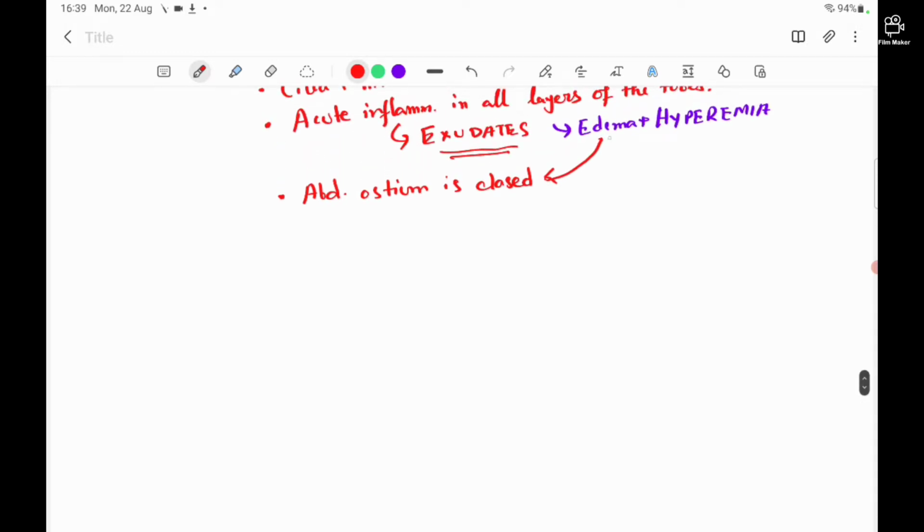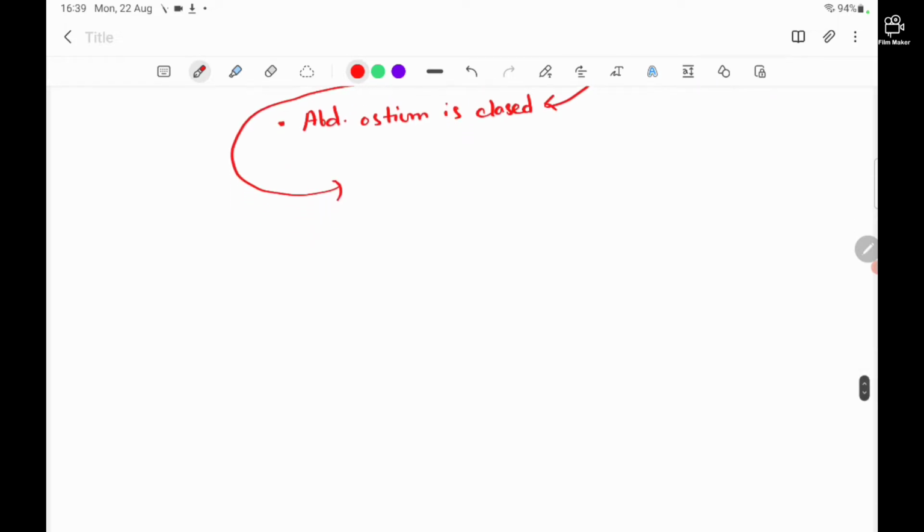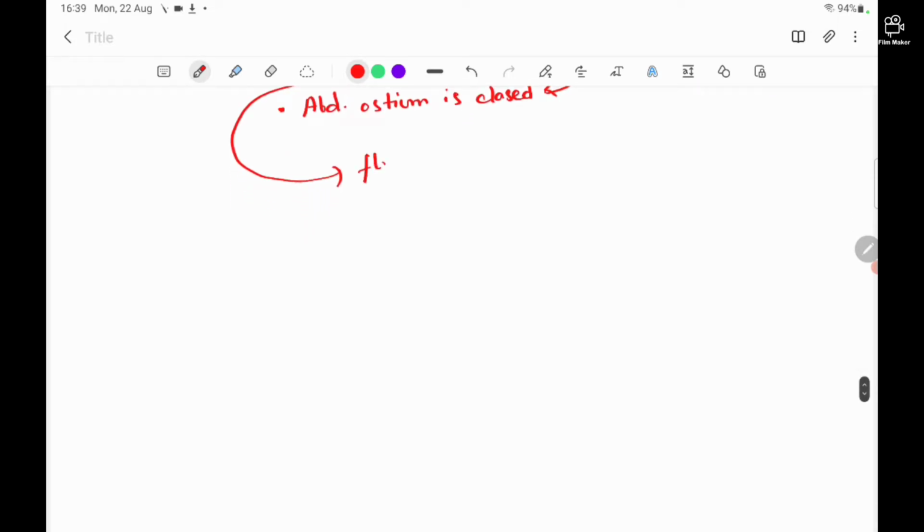This exudate flows into the abdominal ostium. Then through the abdominal ostium, what does it cause?